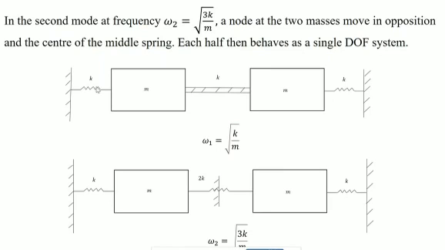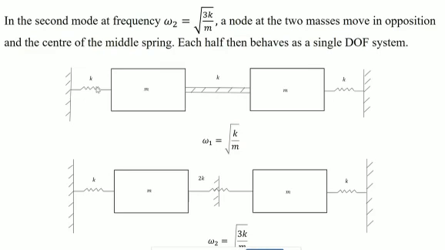So here you see that both of them are together resisting the motion. That means they are acting as if they are in parallel. And that means it is becoming equivalent, for this particular mode, to a system with 2m mass and 2k stiffness.